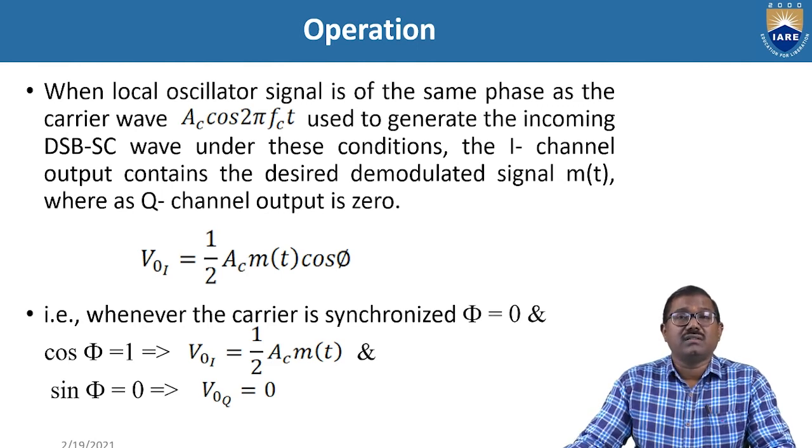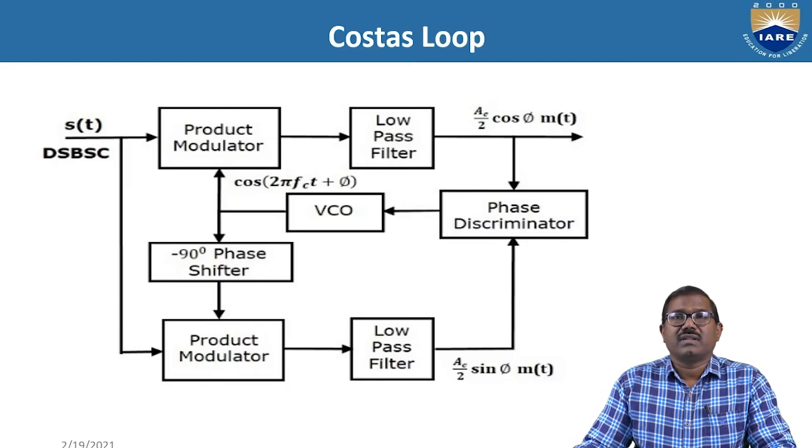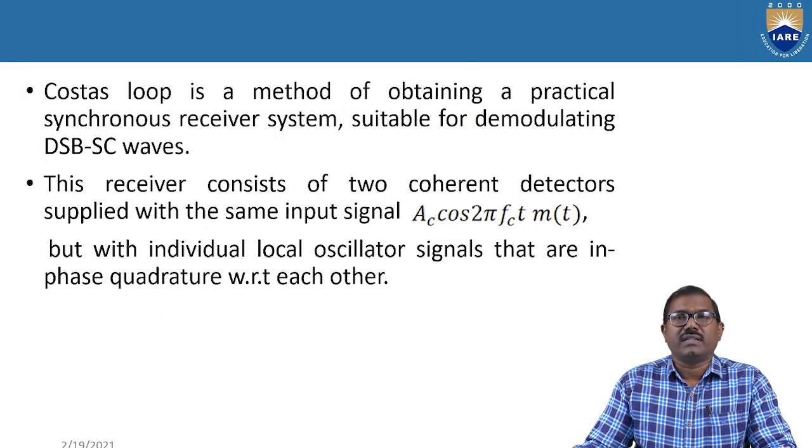And what about the lower channel, or quadrature channel, or Q channel? In the Q channel, cos phi is changed to sin phi. Again, you can see this in the block diagram: the phase shifter is there, with a 90 degree phase shift, so cos is changed to sin.